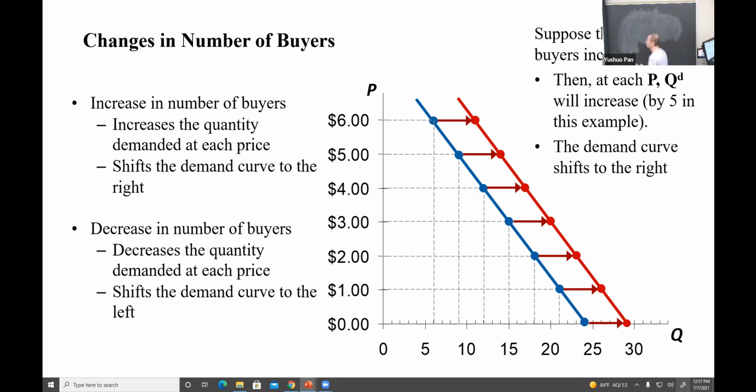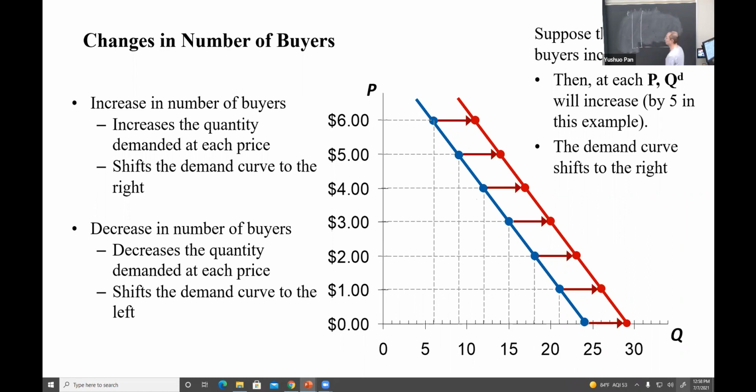I have one question. In this graph, before, the blue line is the market demand, right? And when I have a new buyer, the new demand curve moves to the right side, which is the right line. So what's the demand curve for the new buyer? What does it look like? In this specific case, the curve should be vertical, right?